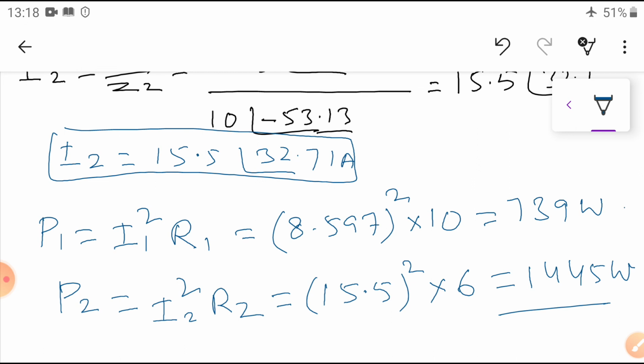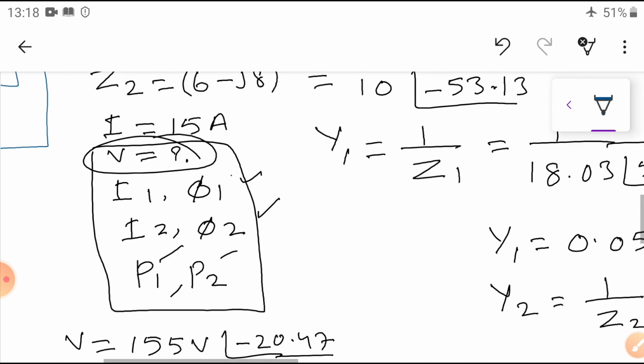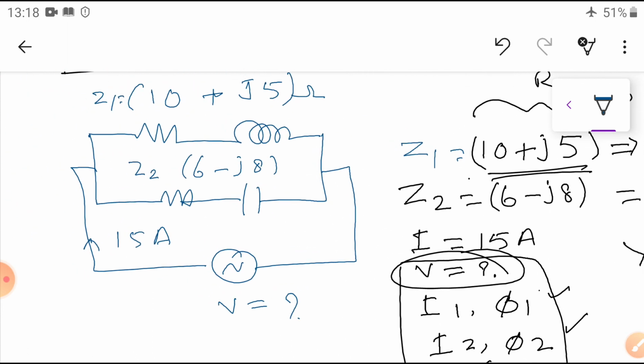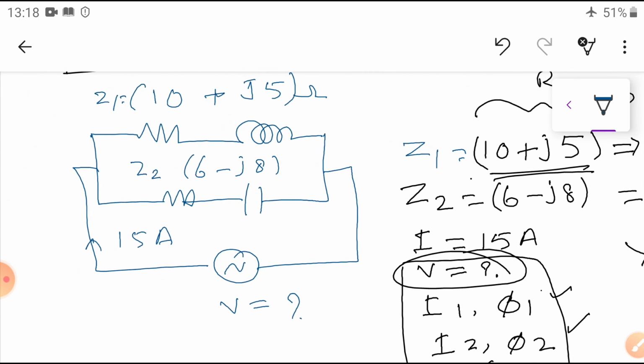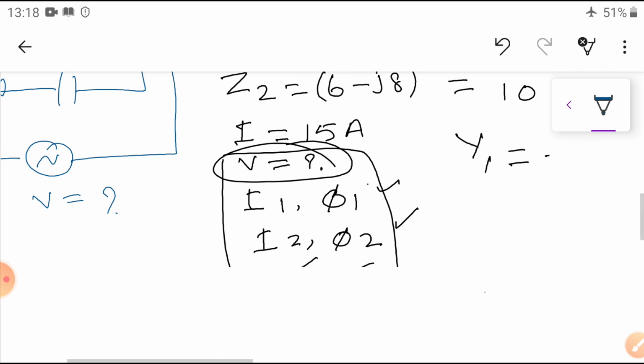Okay. So dear students, whatever was asked, we calculated easily. Here the circuit is given. So whatever the Z1 and Z2 directly given, it is better to convert parallel circuits into admittance instead of impedance, then the problem is very easy.